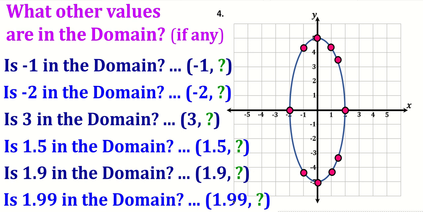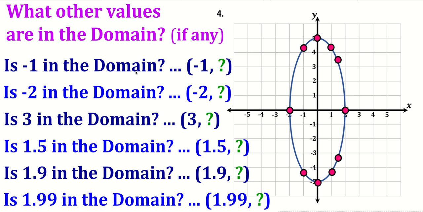Yeah. And then 1.9. Anyway, hopefully the point is, no pun intended, the point is, what are we getting at? There is an infinite number of values in this domain because there's an infinite number of points. Okay? And also for the range, by the way.